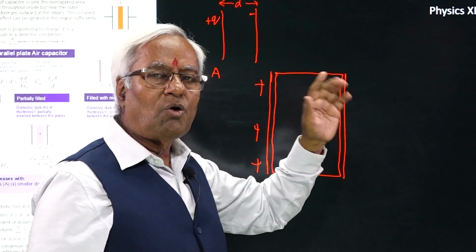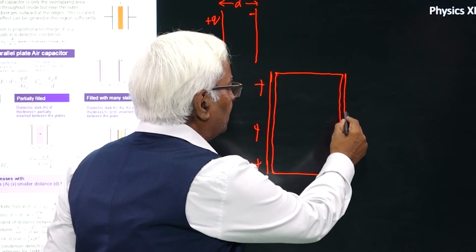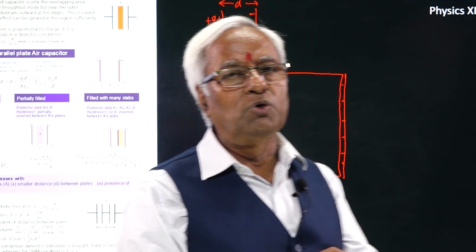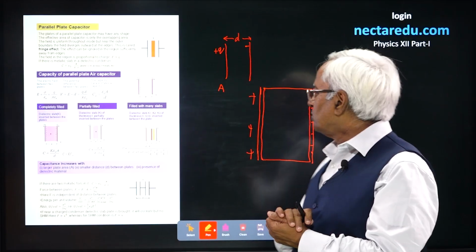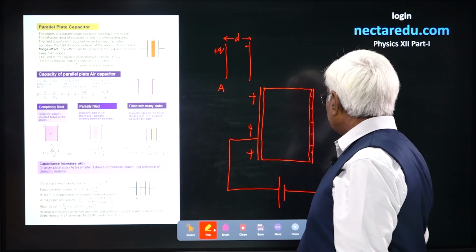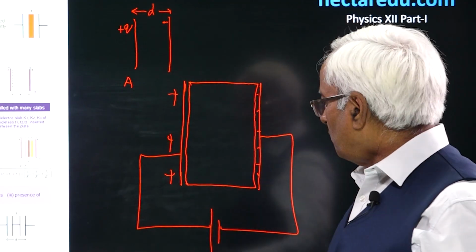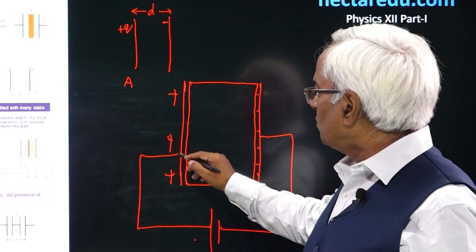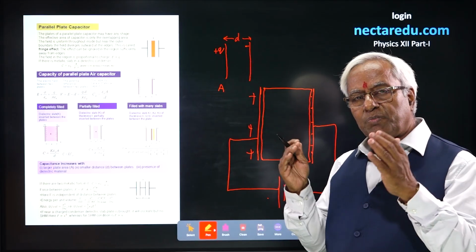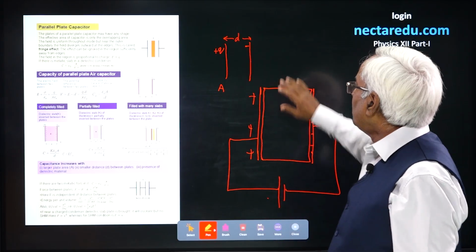On the conducting plate, minus charge is developed. Within the dielectric slab, polarization takes place. So you can never say that the charge that is given to the condenser resides on the dielectric also. That is a wrong statement. Whatever the charge is supplied from the source, that resides only on the plates. What happens within the slab is another process. We'll look into the details of it.